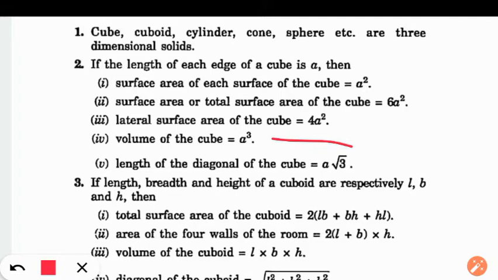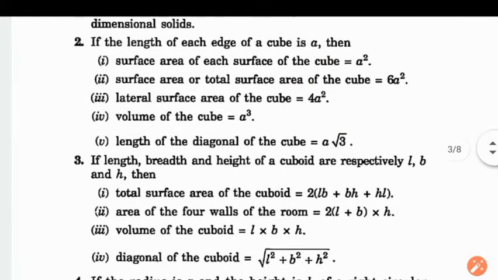Lateral surface means all the sides excluding the top and the base. So if we exclude the top area and the bottom area from 6a square, we will get 4a square, that is why we have 4a square.